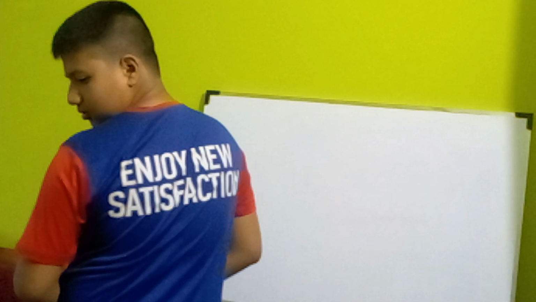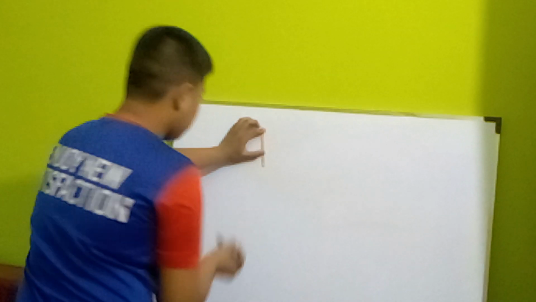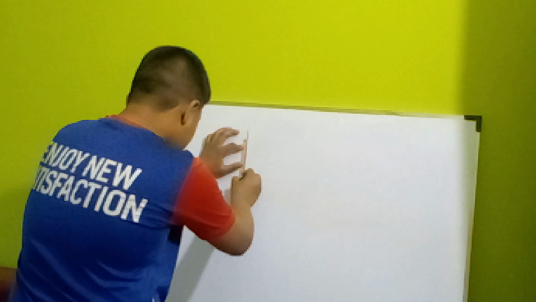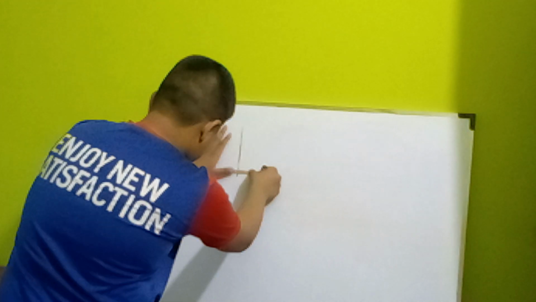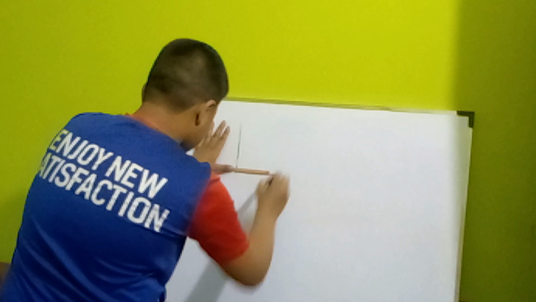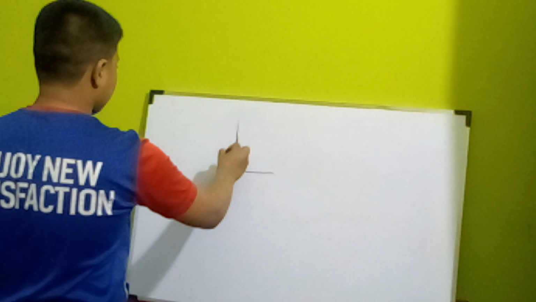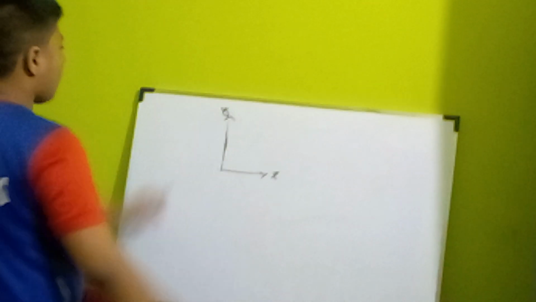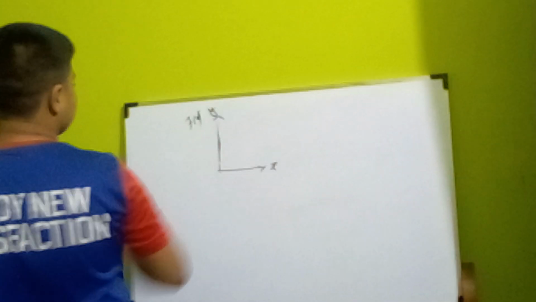Now we have to draw some graphs. You may have heard of this Cartesian graph. It's a kind of correlation graph, and in this you have the x value, and this is the output y value or f of x value, whatever you like to call it.